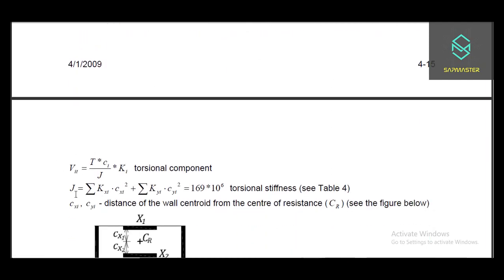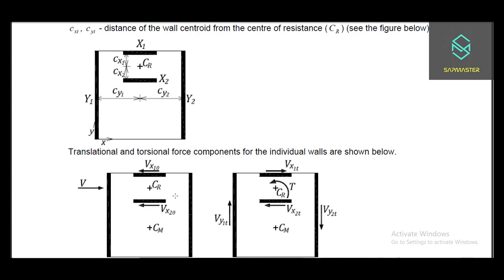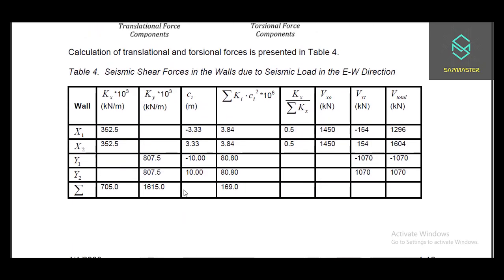So we will need to find the J parameter first, which is the summation of kxi times cxy square plus the same for the Y direction. And you can see translational and torsional force components for the individual walls in these two pictures. So in table 4 you can see the summation of seismic shear forces in the walls due to seismic load in the east-west direction.